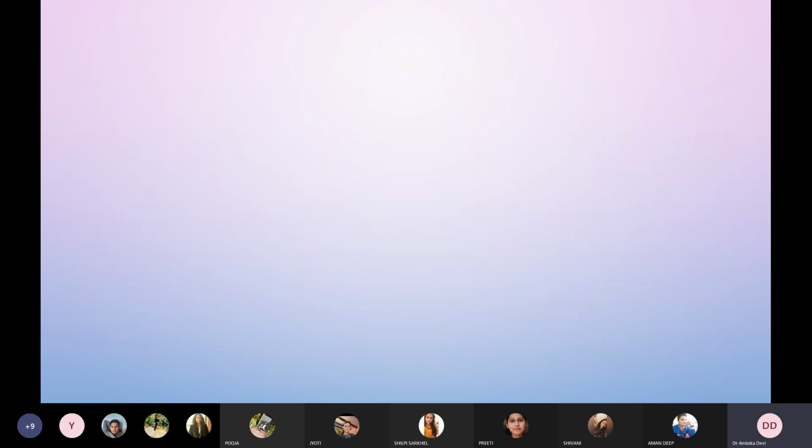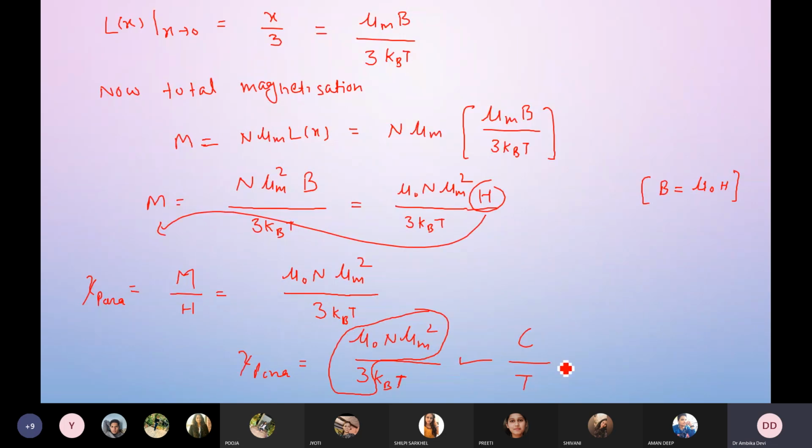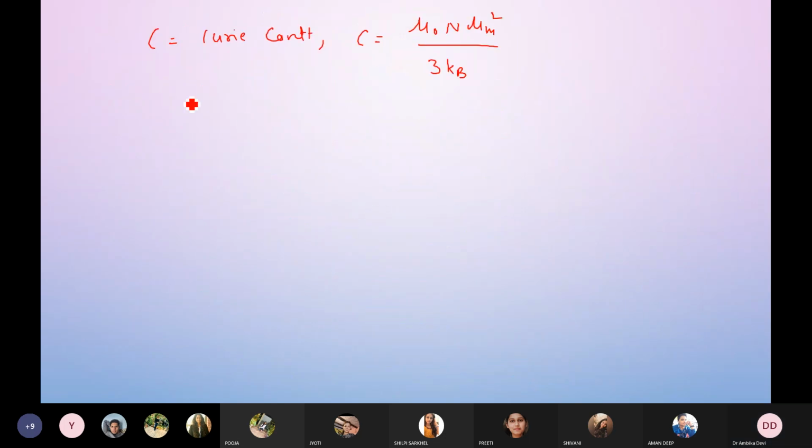Okay, and this equation, psi para is equal to C upon T, susceptibility for paramagnetic materials is equal to C upon T. This is called Curie's law.